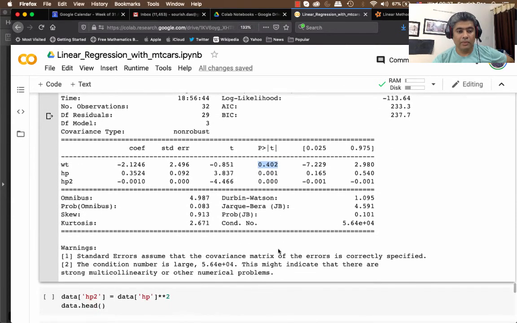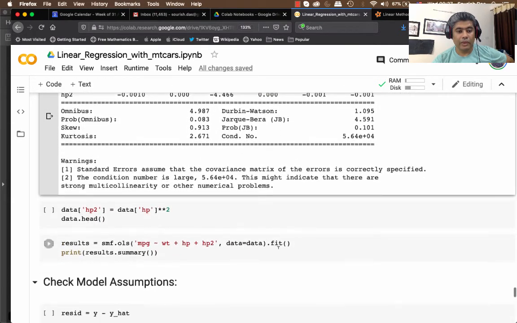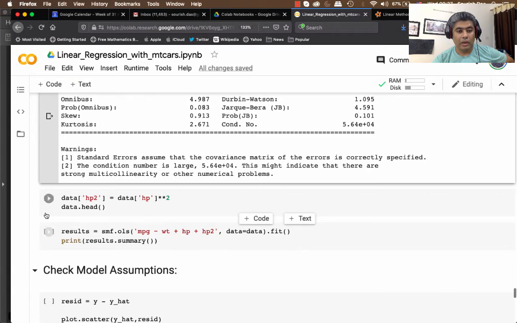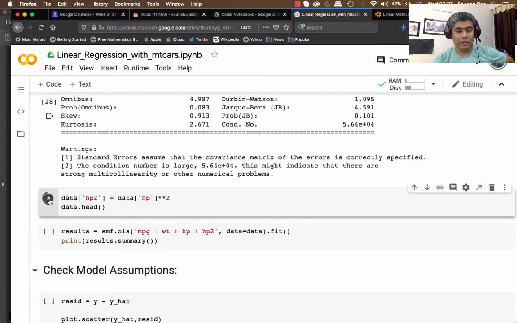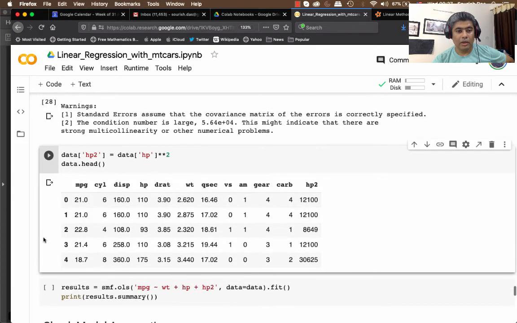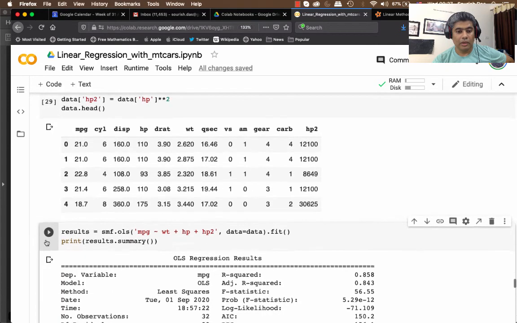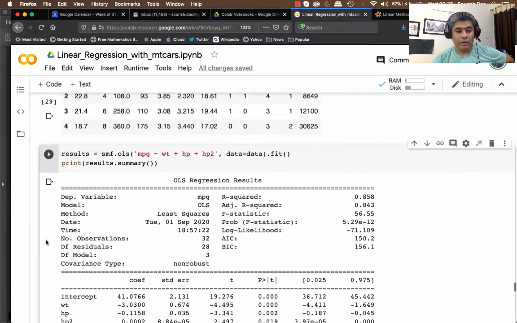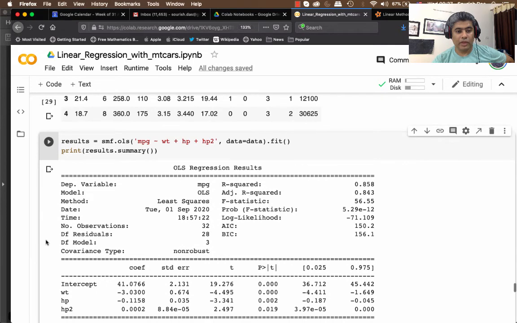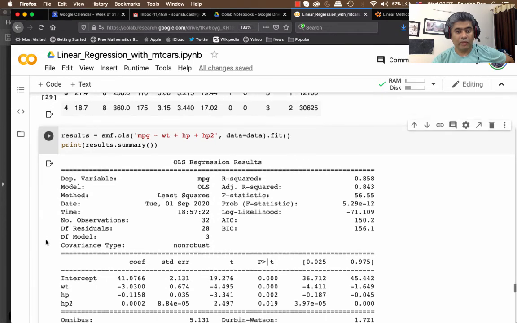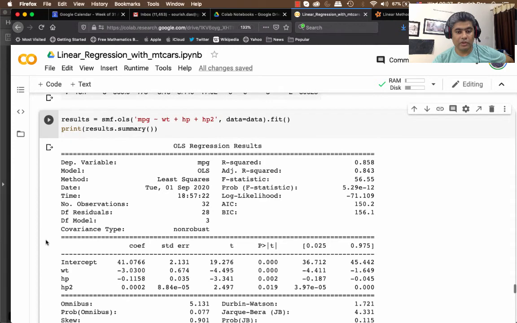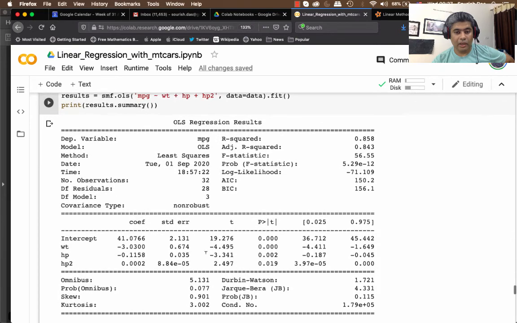If we run the model with intercept plus weight plus horsepower plus horsepower square, then everything is fine.